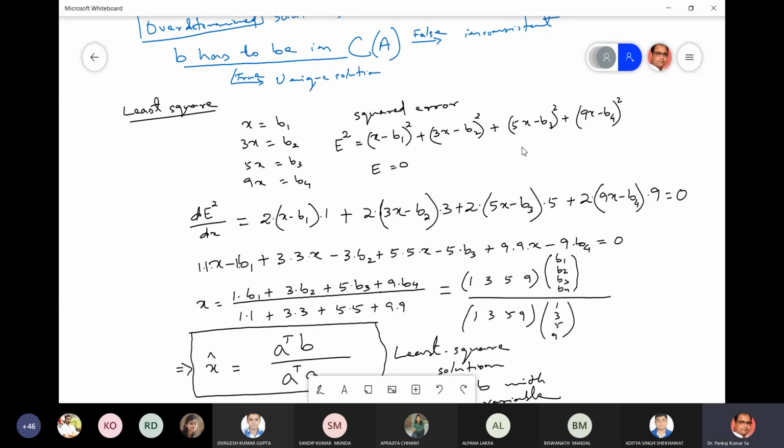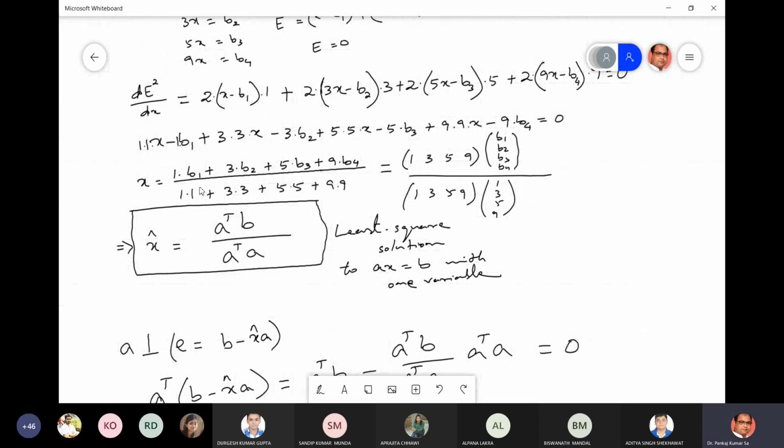If we can solve this particular equation, like we know analytically, the first derivative of this equation would be equal to 0 whenever you want to find some minimum value, and that is what we explored here and found out what x is. Now this came out to be this particular equation, and finally x cap.